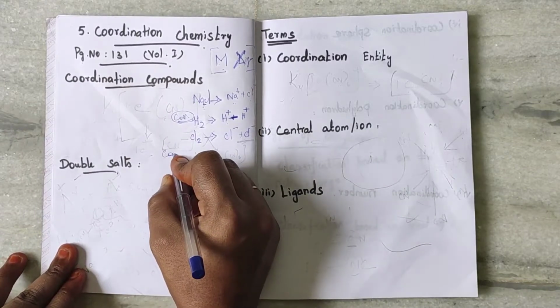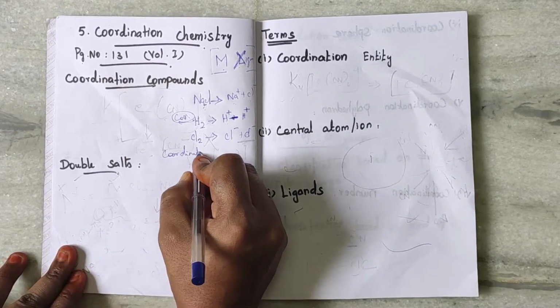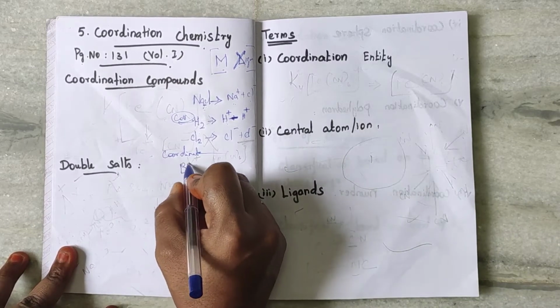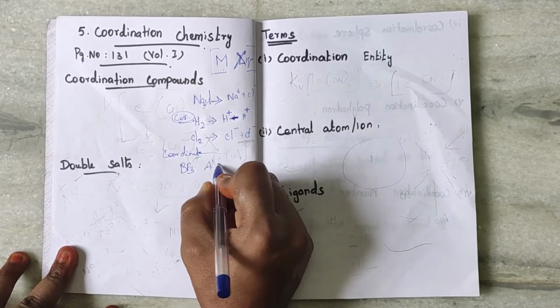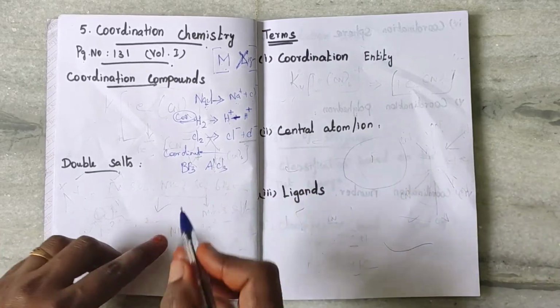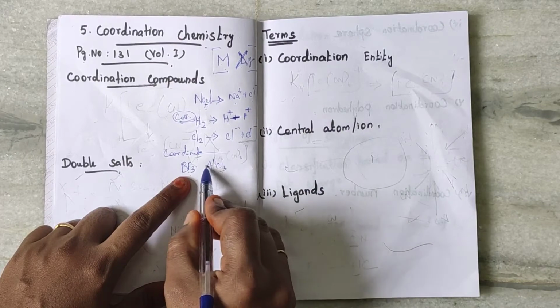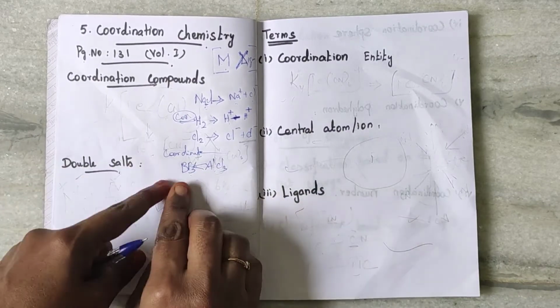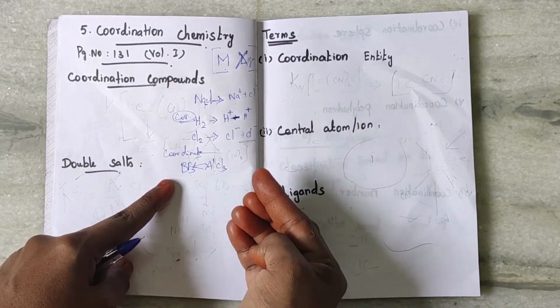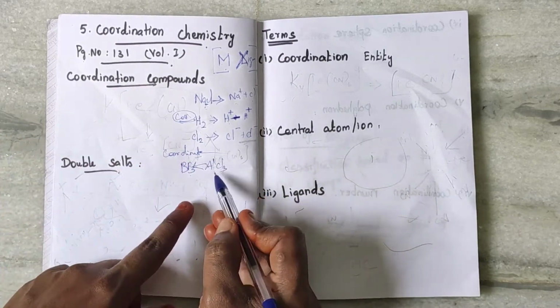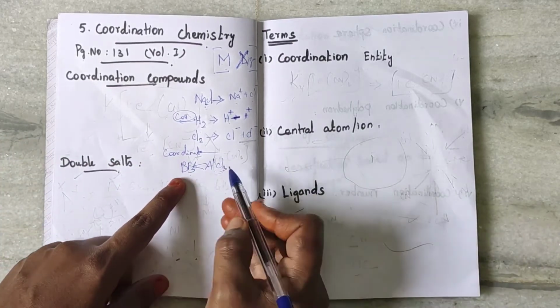Then what is a coordinate covalent bond? Example, boron trifluoride with aluminum chloride. Here the boron trifluoride accepts the electron from aluminum chloride. So it does not donate the electron to aluminum chloride. It only gains the electron from aluminum chloride.